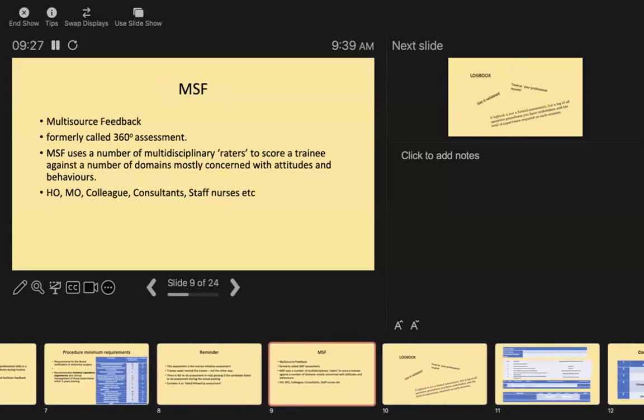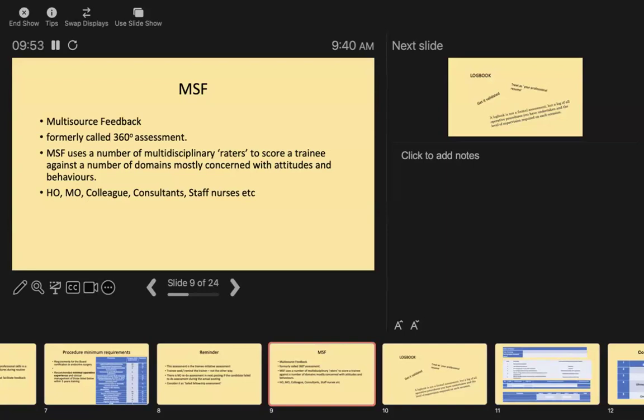Multi-source feedback is the onus for the supervisor. Formally it's called 360 assessment. So you use a number of multidisciplinary raters to score a trainee, mostly concerned with attitudes and behaviors. So probably it's best if you do it through a Google document.